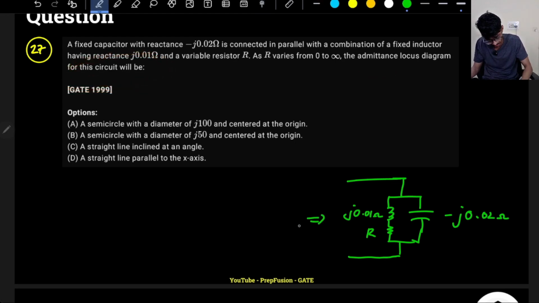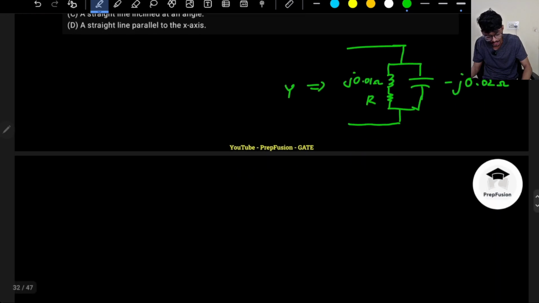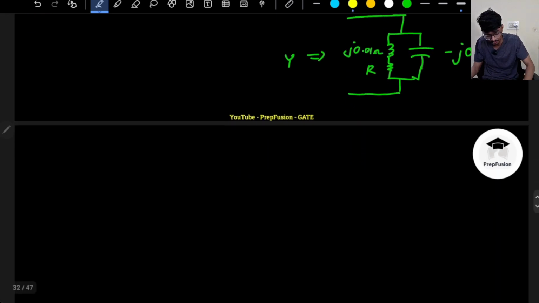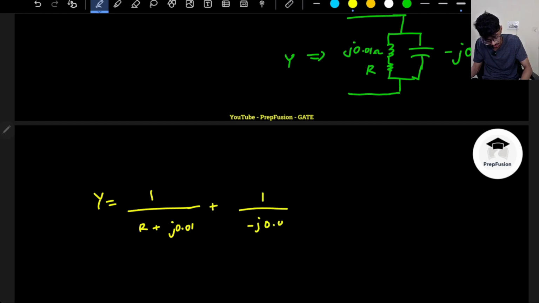What will be the admittance locus diagram? When things are in parallel, admittance simply gets added, correct? So the admittance will be 1 by (R plus j 0.01) plus 1 by minus j 0.02.